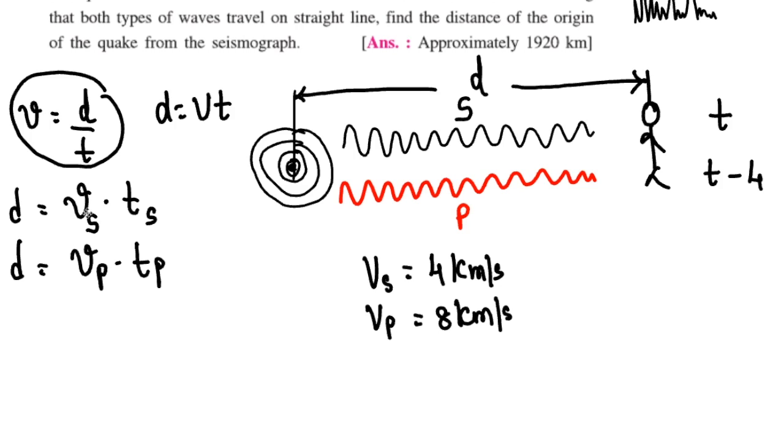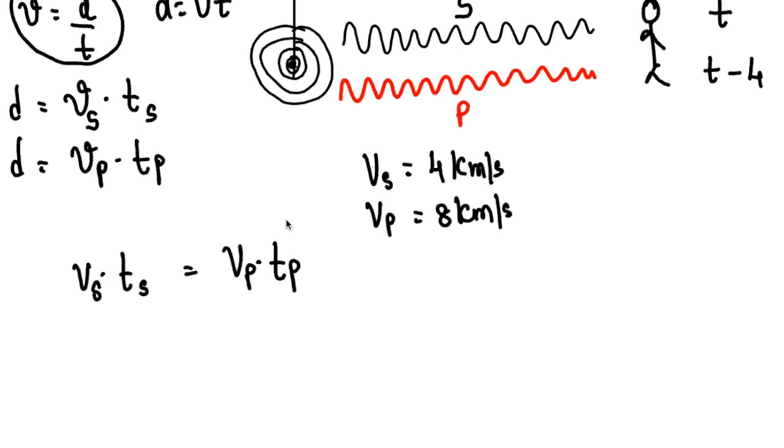Here note down one thing, LHS are the same, here we have d, here also we have d, so we can compare both RHS: vs into ts is equal to vp into tp. So vs is 4 km per second, into the assumed time t, is equal to vp, that is 8 km per second, and time taken is t minus 4 minutes.